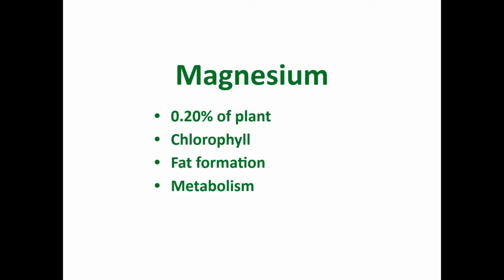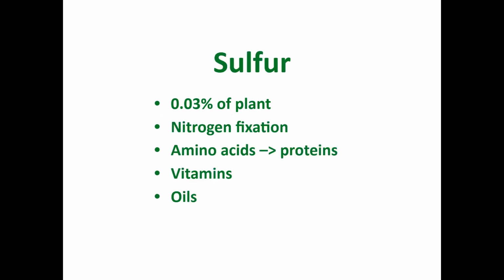It helps in the production of chlorophyll and in fat formation, and also participates in metabolism. Then we have sulfur, which is only 0.3% of the plant, but it is necessary for the bacteria that do nitrogen fixation. And it is also used with amino acids to make proteins.